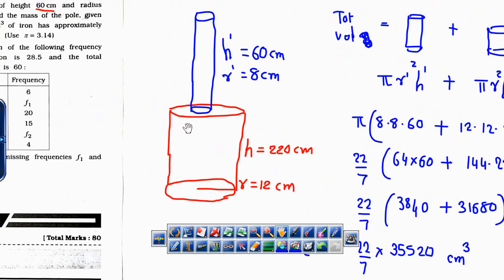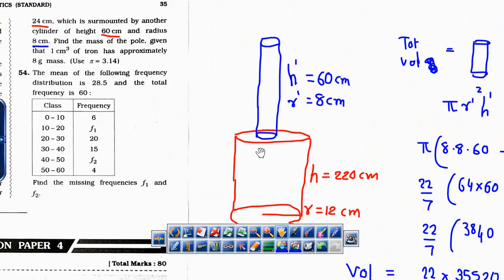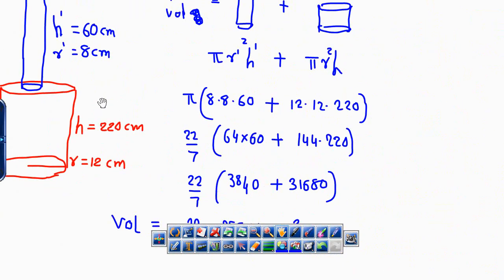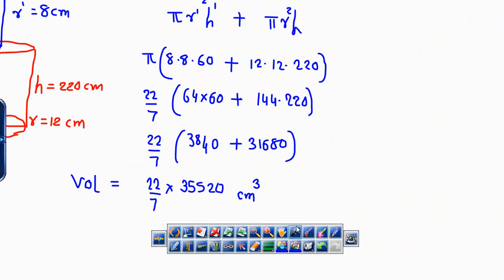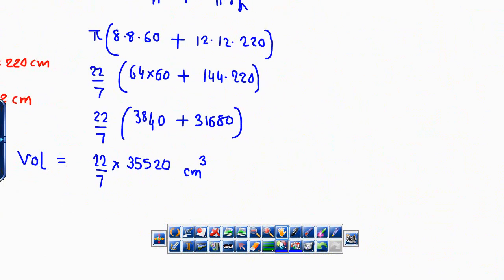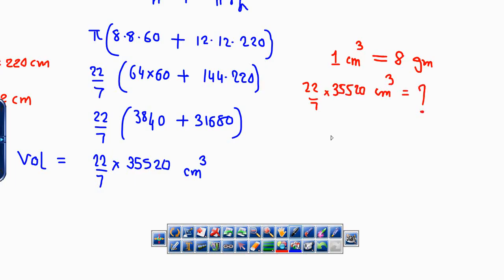बट वॉल्यूम नहीं, मास पूछा है और डेंसिटी दी हुई है 1 cm³ इज 8 grams. सो क्रॉस मल्टीप्लीकेशन विल बी डन. 1 cm³ is equal to 8 grams. Then 22/7 into 35520 cm³ is how many grams? All you need to do is multiply with 8.